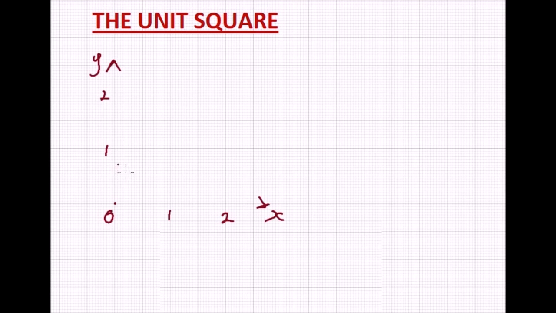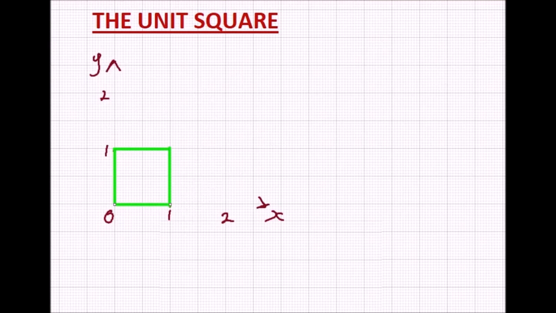So we have defined a unit square as a square that has 1 unit in dimension. So let's take that along the y-axis, here that is 1 unit, along the x-axis that is 1 unit, and here we have another point. So those 4 points, including the origin, form the unit square. So this is our unit square.